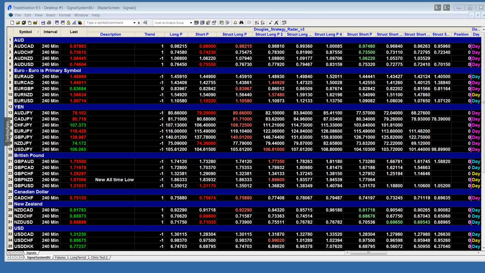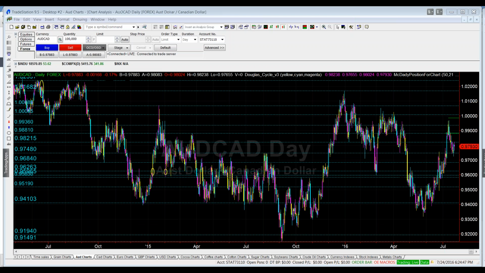So let's go to the indices. So anyway, here is our currency indices.